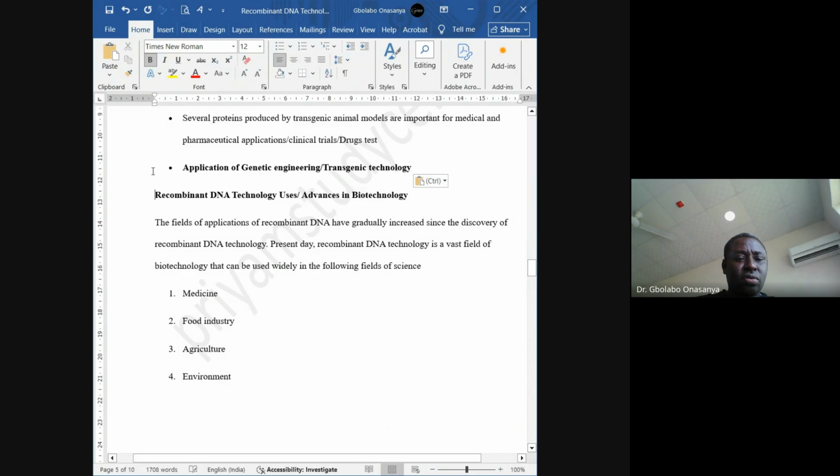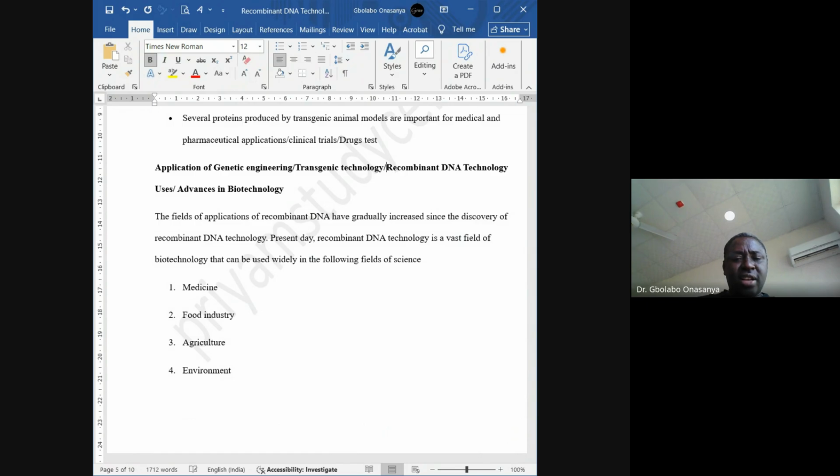That is application: the application of recombinant DNA technology, genetic engineering, or transgenic technology. An application means a use.